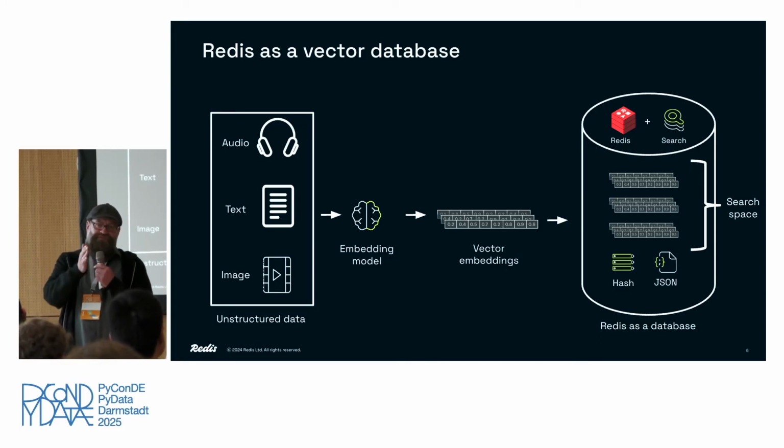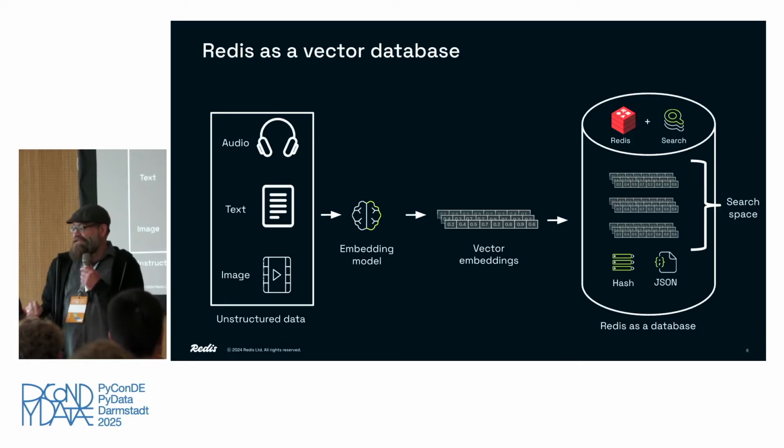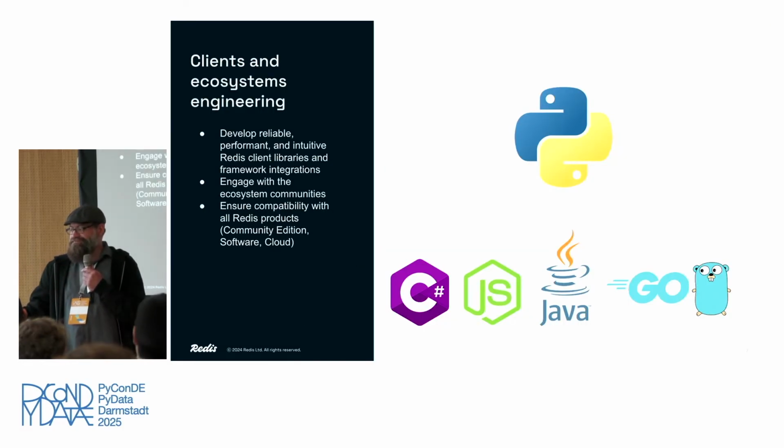You store the vector in a vector database, and in the next step, you search for vectors that are similar to that vector, whereby the similarity is expressed as the distance within the vector space. Simple, I would say. You can use this, for instance, for retrieval augmented generation or for semantic caching and so on. But that's not the topic.